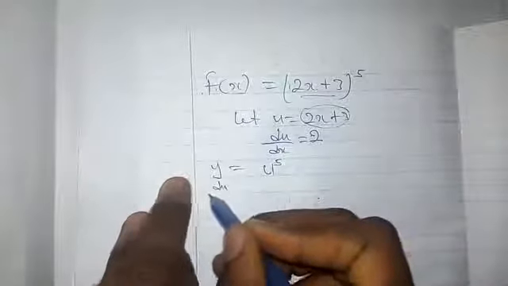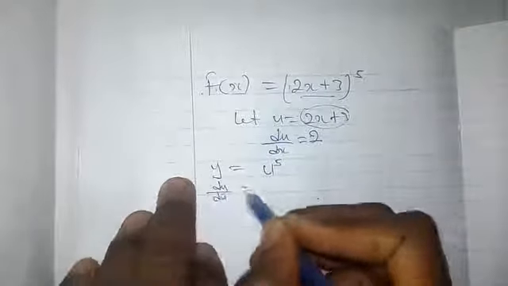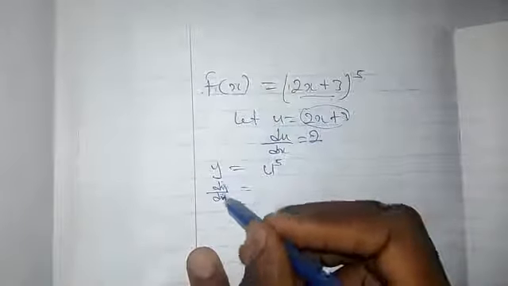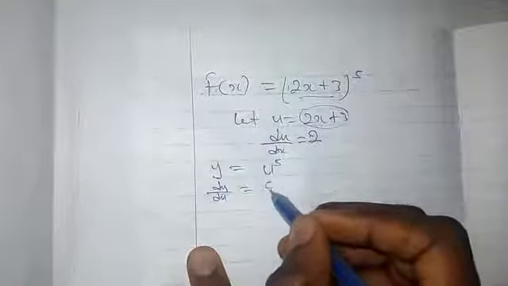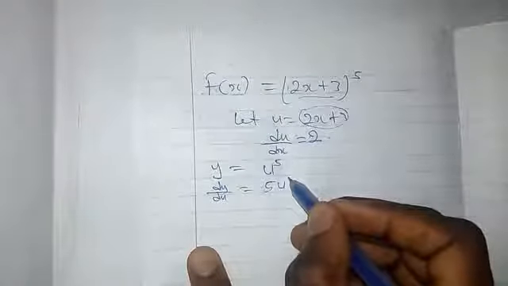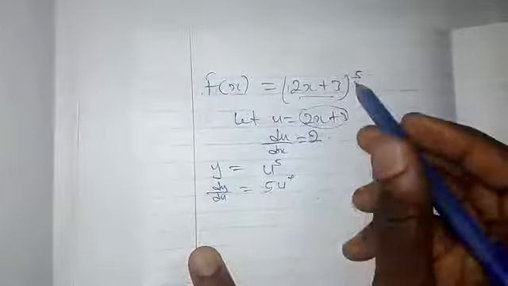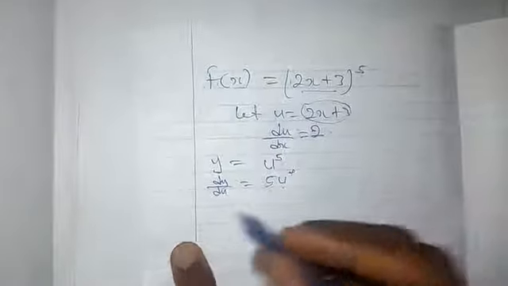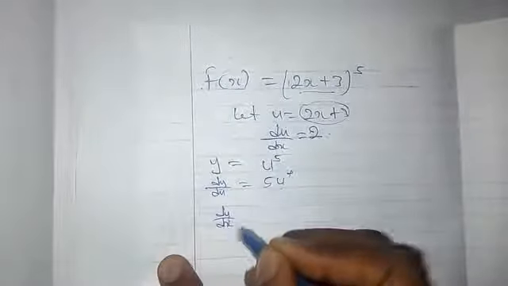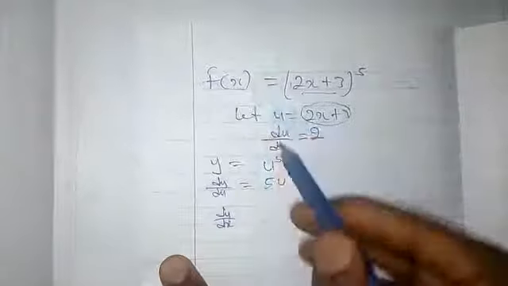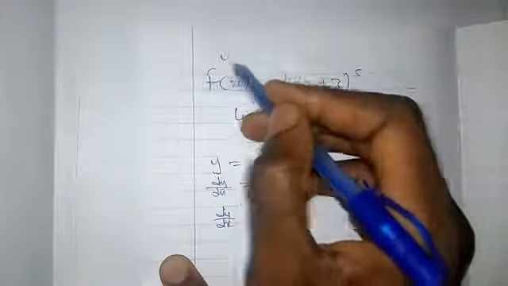Then dy/du will be equal to 5u raised to the power of 4. If you multiply these two together, you have dy/dx, because this function is in terms of y.